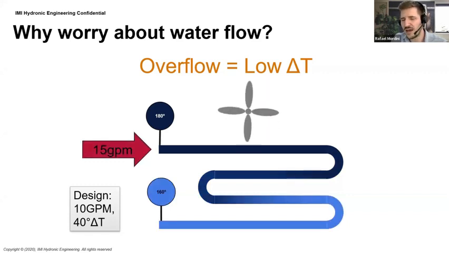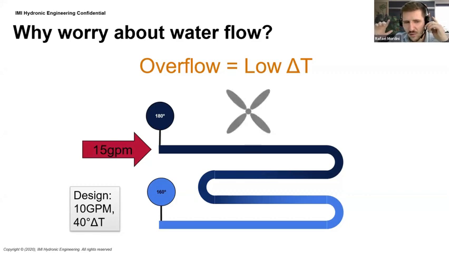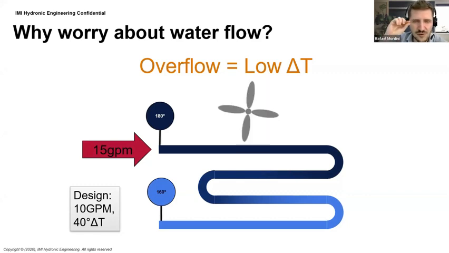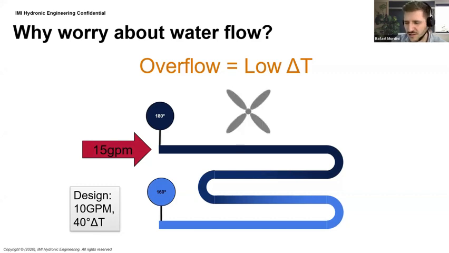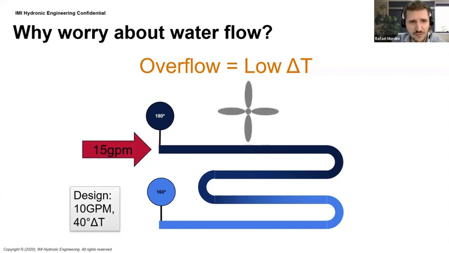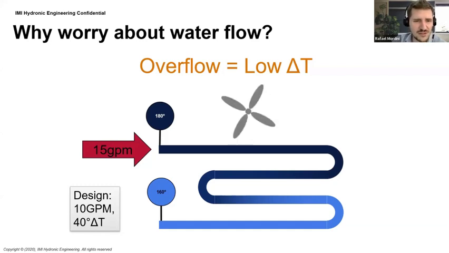In this case, the water entering the coil will move faster because the flow rate is higher. It means this water will spend less time inside the coil and will leave without being able to exchange all its heat. That's why the return temperature now increased from 140 to 160 degrees.